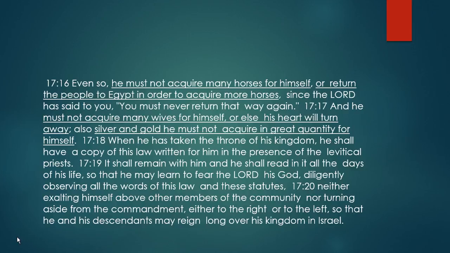Also, notice that in Deuteronomy it says he must not acquire many wives for himself. Let's take a look at what 1 Kings says about that. You'll notice in chapter 11, beginning with verse 3, among his wives were 700 princesses and 300 concubines, and his wives turned away his heart.